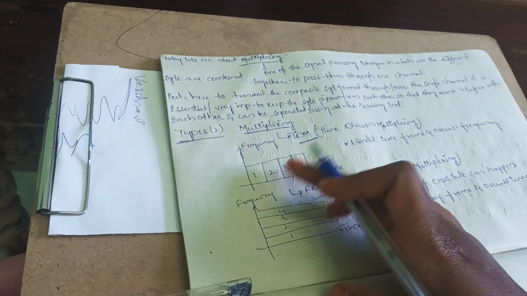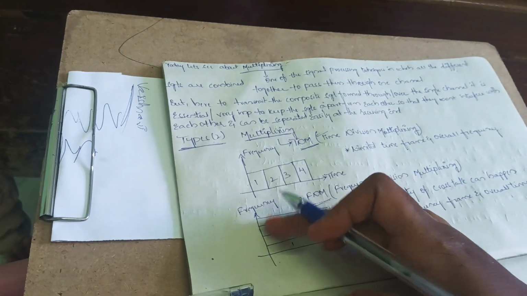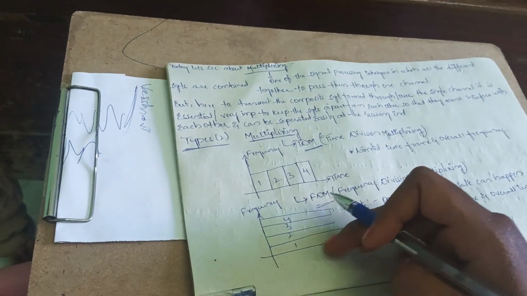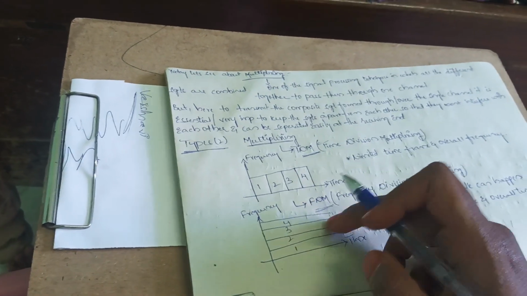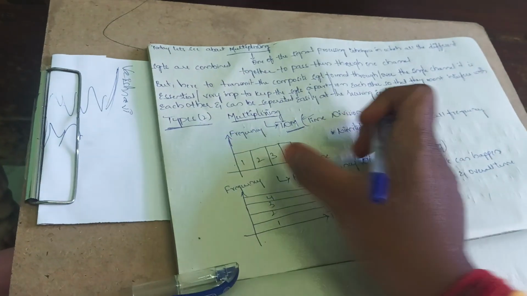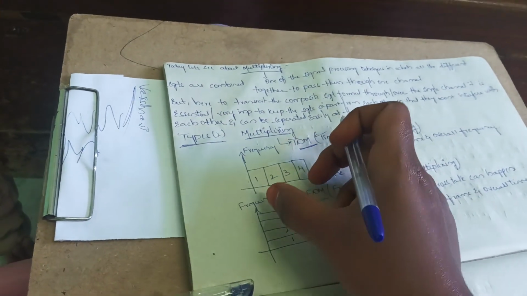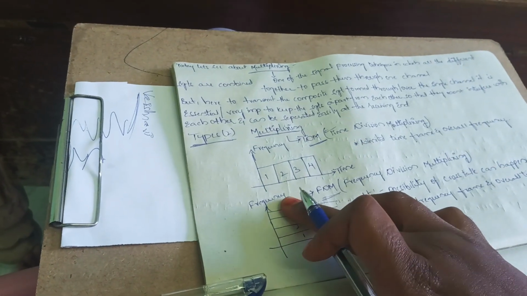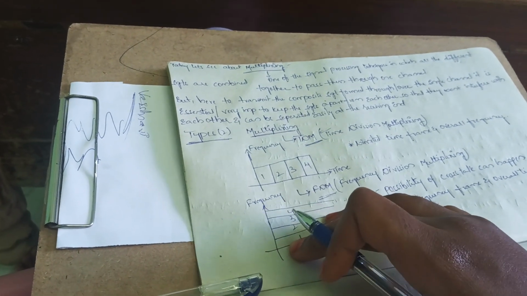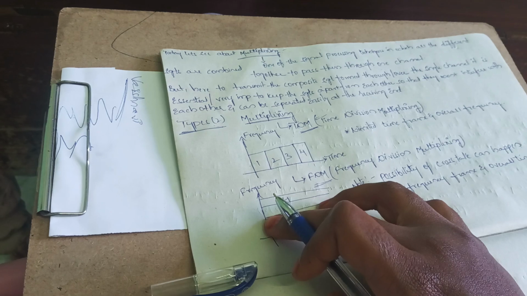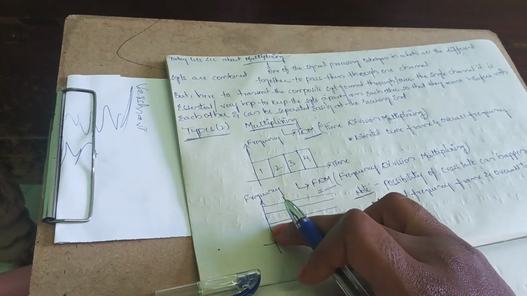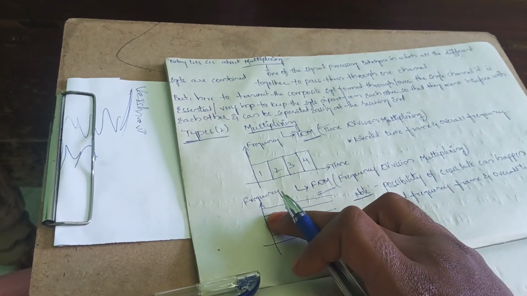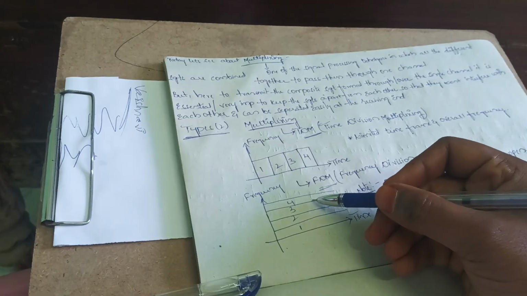And in FDM the frequency is divided, but they will pass the signals over the complete time. Here the time frame is divided between the users in TDM, and here the frequency is divided. Here to here is the frequency of user 1, here to here for user 2, here to here for user 3 and here to here for user 4.